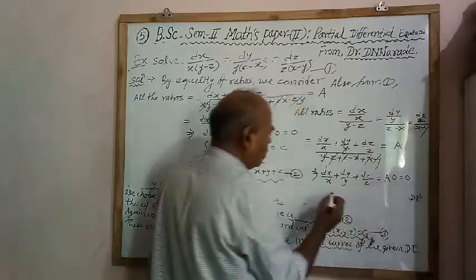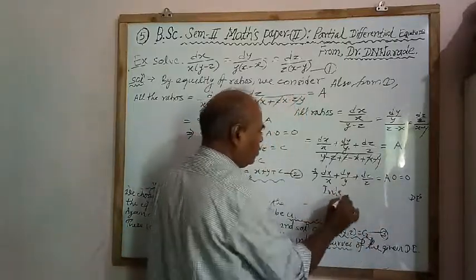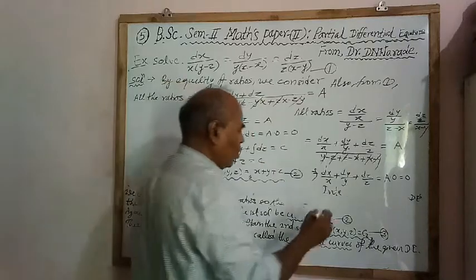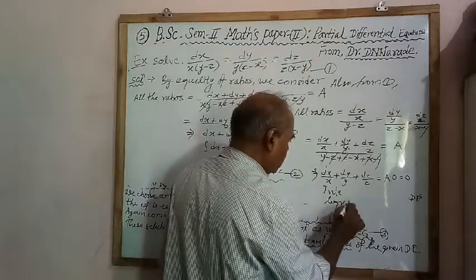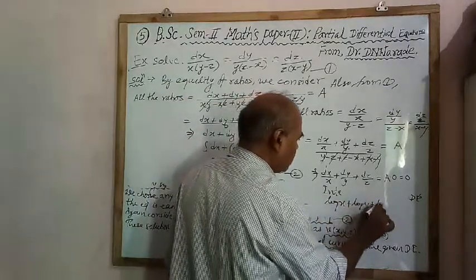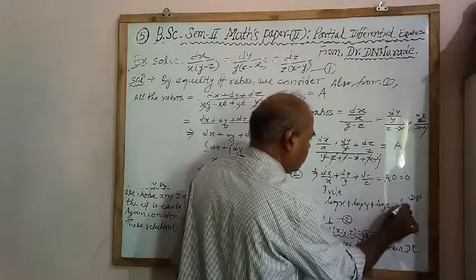Therefore 0. Integrating, you know the integration of 1 by x is log x, so log x plus log y plus log z equal to a constant, which we write as log c.